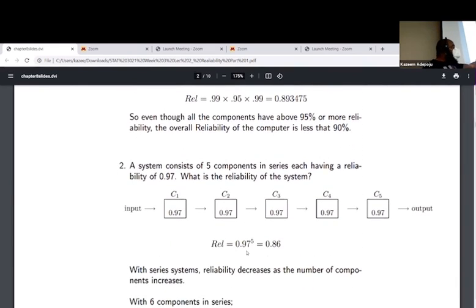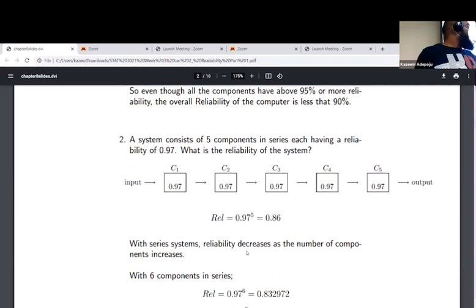Okay, so this is one more example. We can have a situation where we have 5 components, and each of the components has the same probability. All we're going to do is write that probability and raise it to the number of components. Take a look at that. Each component has 0.97, but the overall system reliability actually decreased to 0.86.